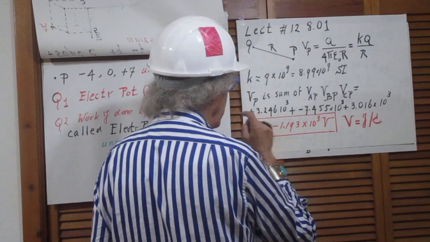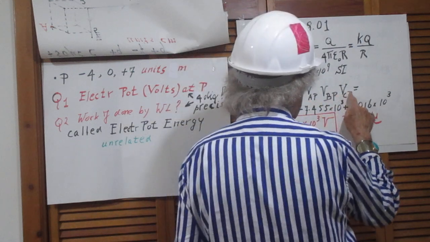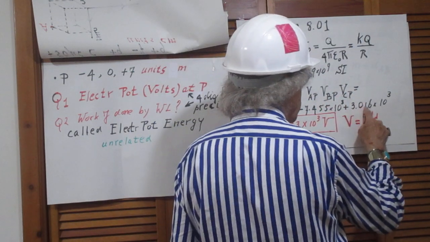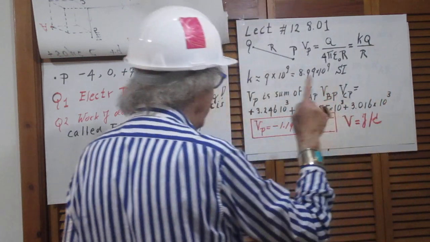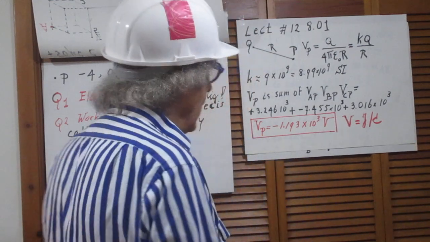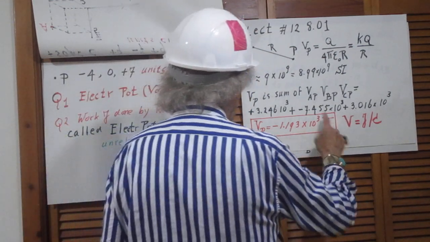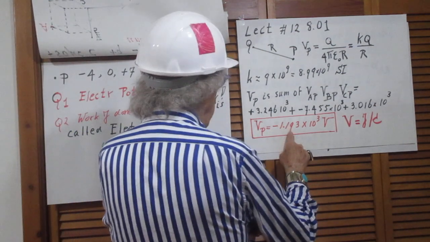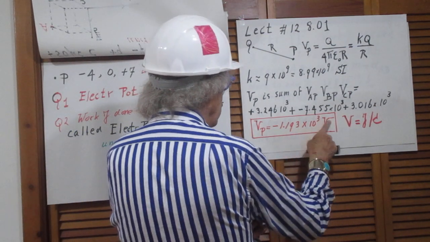And the potential that the source at C produces at P is plus 3.016 times 10 to the 3 volts. So you have to add them all three, and then you find that the voltage at point P is minus 1.193 times 10 to the third volts.